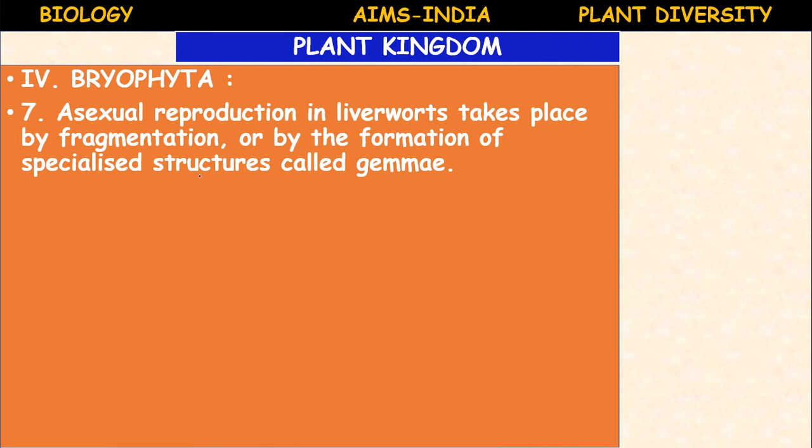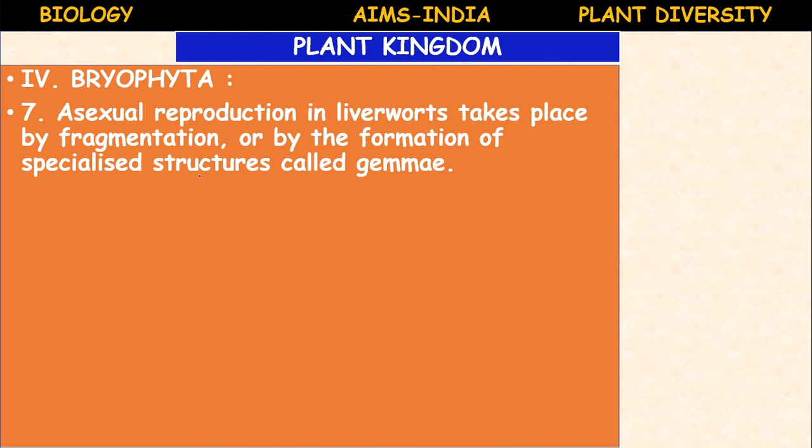The first stage is the protonema stage, which develops directly from a spore. Okay, it is a creeping, green, branched and frequently filamentous stage. The second stage is the leafy stage, which develops from the secondary protonema as a lateral bud.